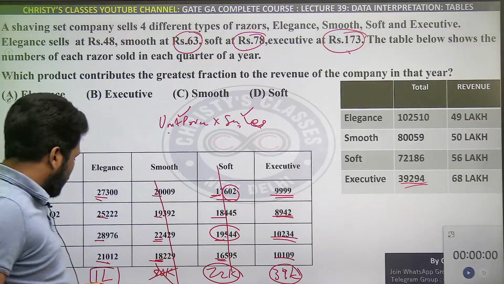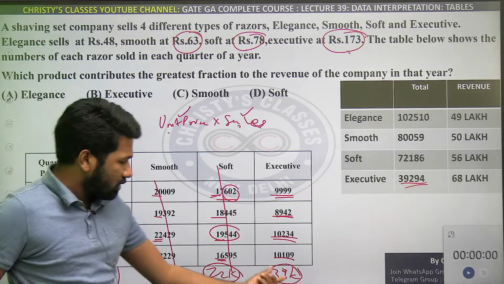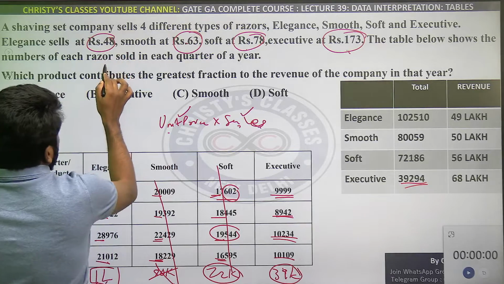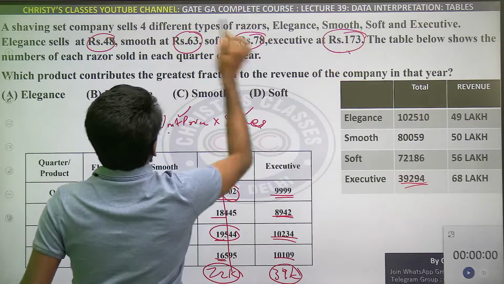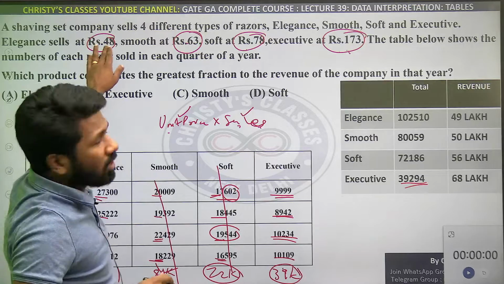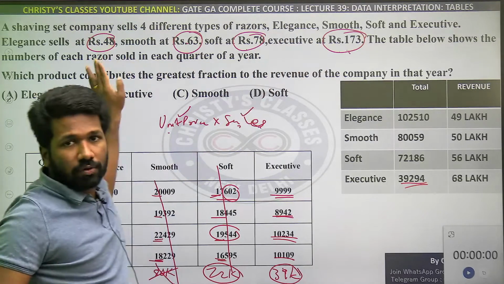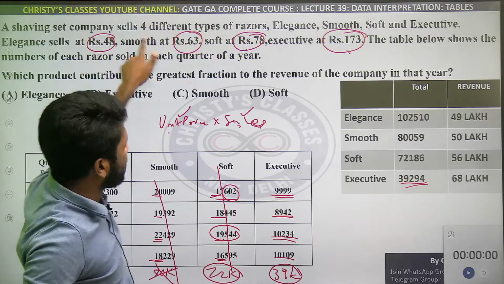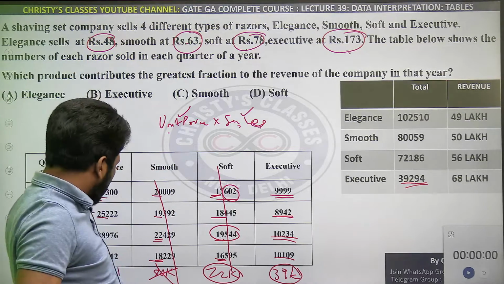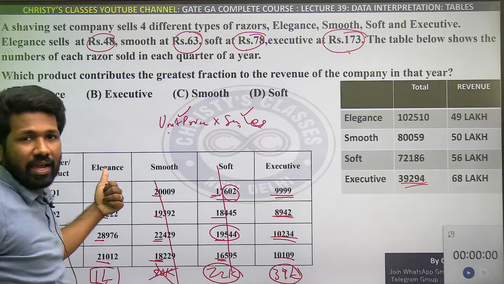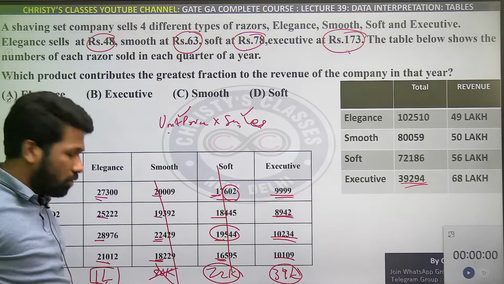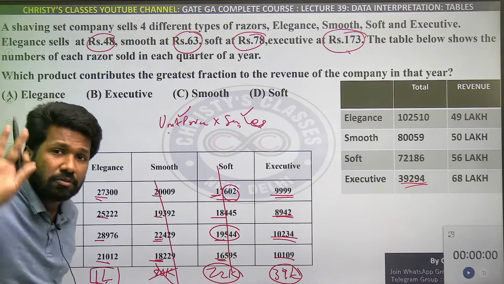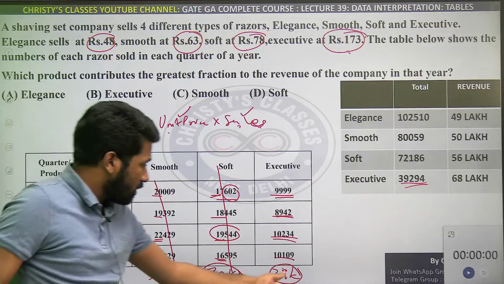So this is also eliminated. Now Elegance is 1 lakh, which is more than double of 40,000. But the Elegance price is 48, which is almost a quarter of 173. So the unit price factor is a quarter for Elegance, meaning Executive is almost 4 times, so Elegance could beat Executive. But 1 lakh is only a little more than double of 39,000, not even 3 times. That is how to think about it.